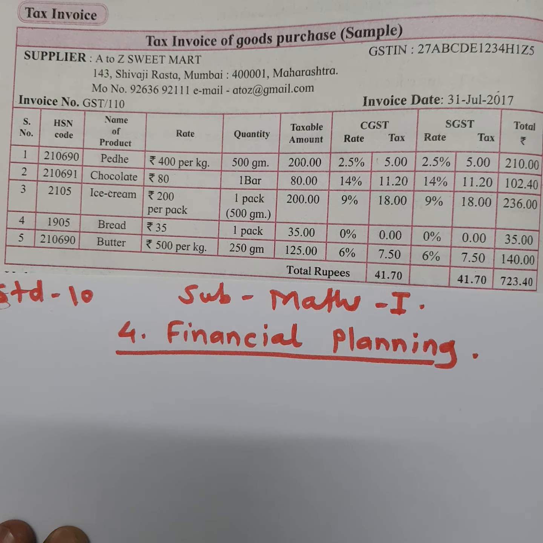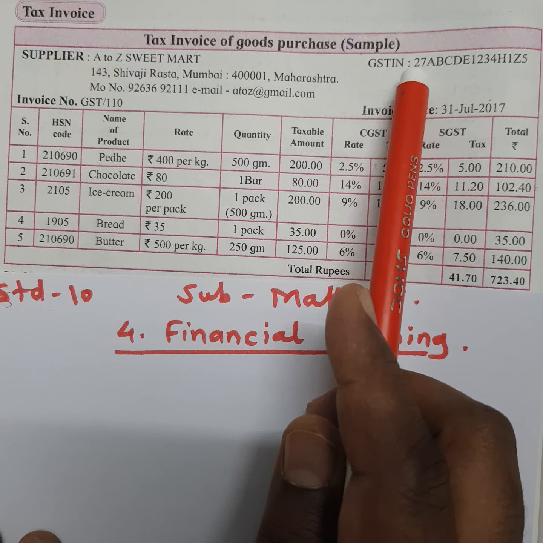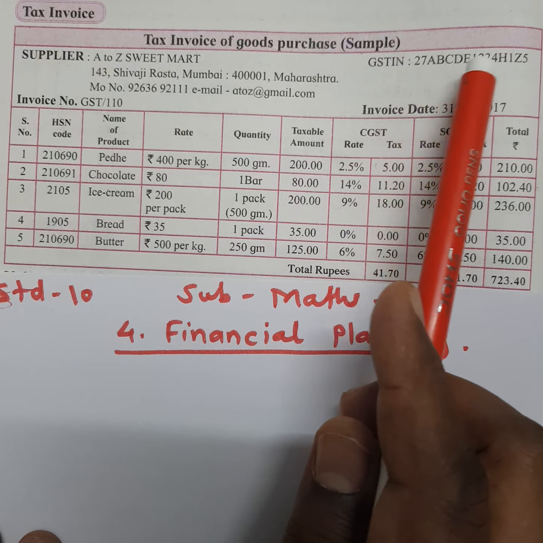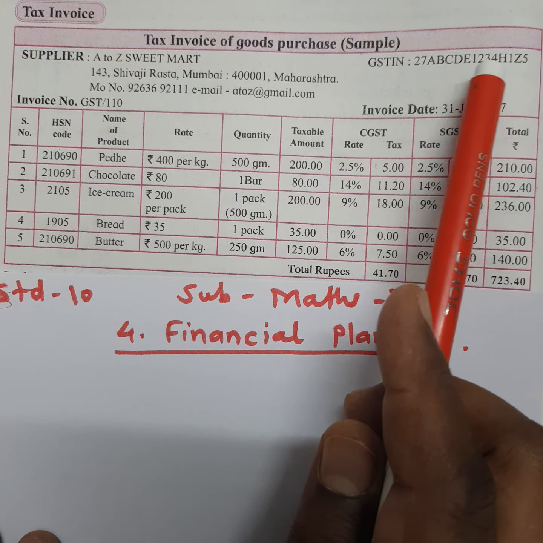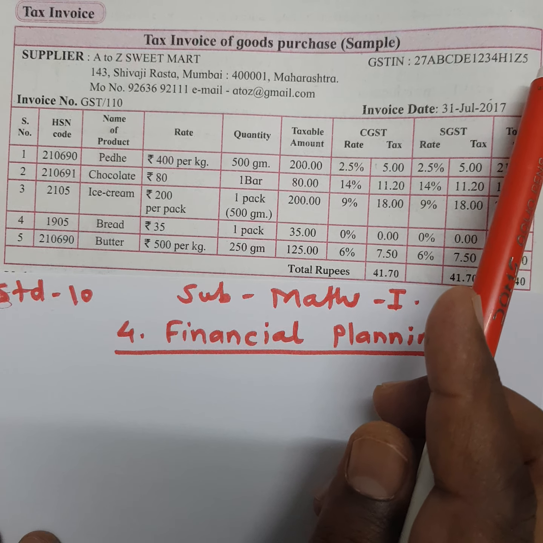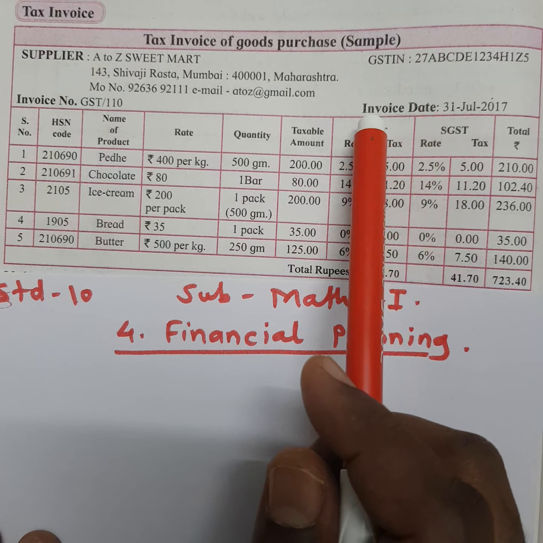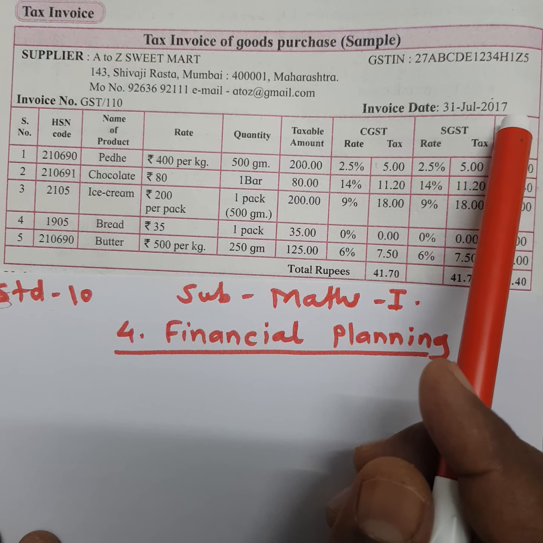See, it is 15 digits, in which the first 2 digits are the state code, the next 10 digits are the PAN number of the firm, and IZ5 are the last 3 digits. There is the invoice date, 31st July 2017.